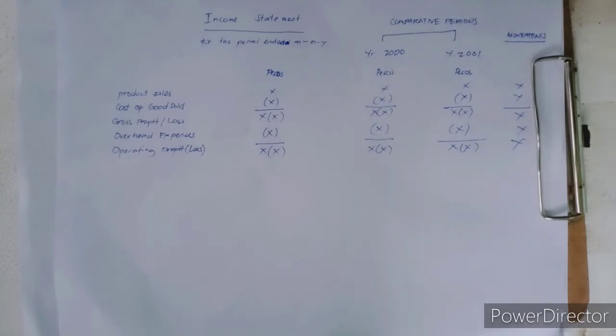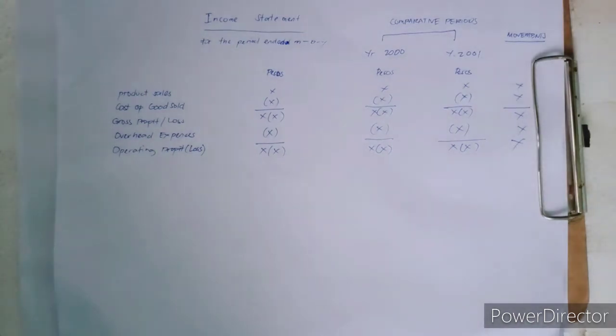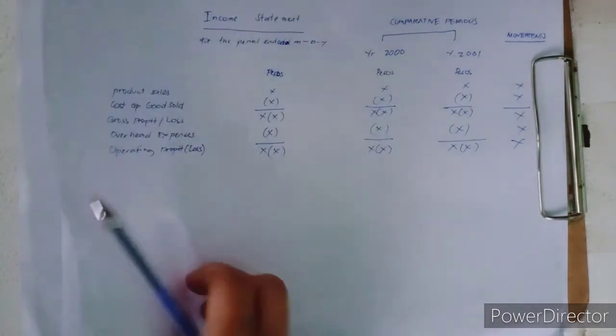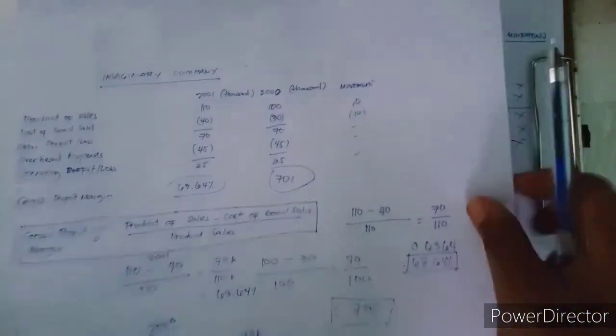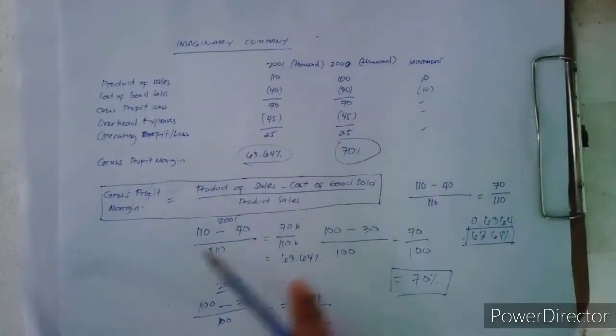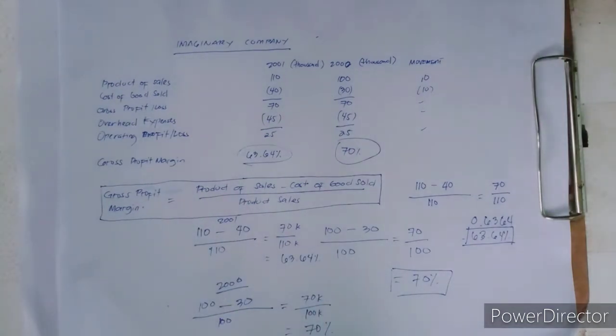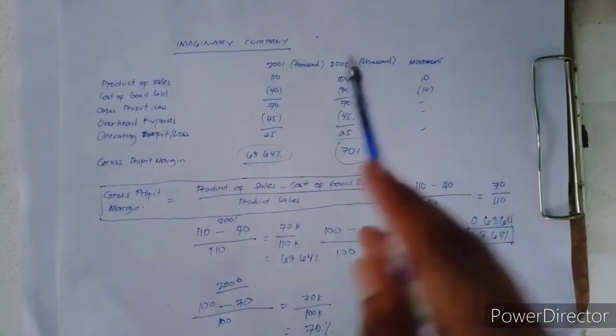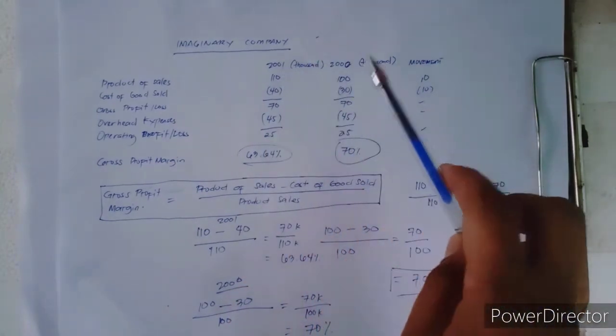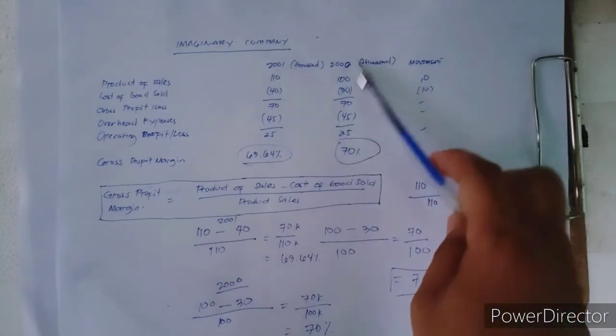Let's use some numbers from our imaginary company. For example, we compare the movements of our P&L, the previous and the current, 2001 and 2000.